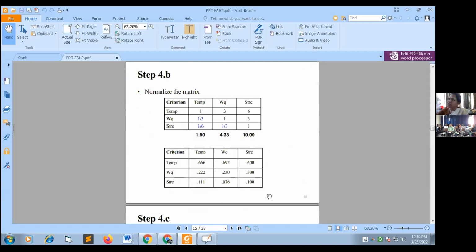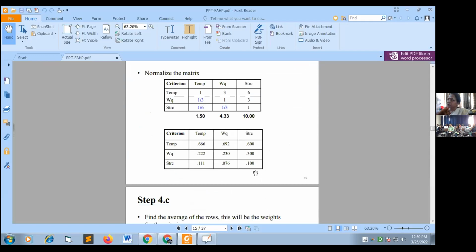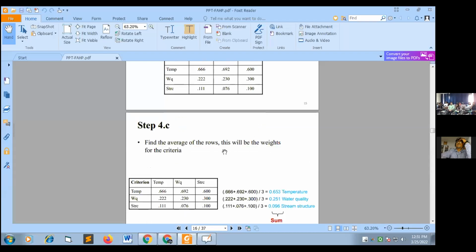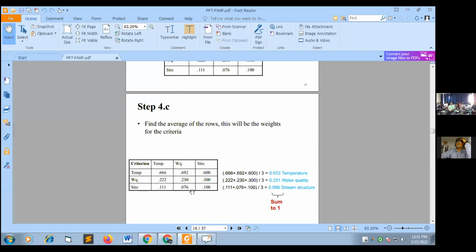Then we find the average of each row of this matrix, and this will be the weight of the criteria: the temperature weight, the water quality weight, and the stream structure weight. So the weight of the criteria for temperature is this.